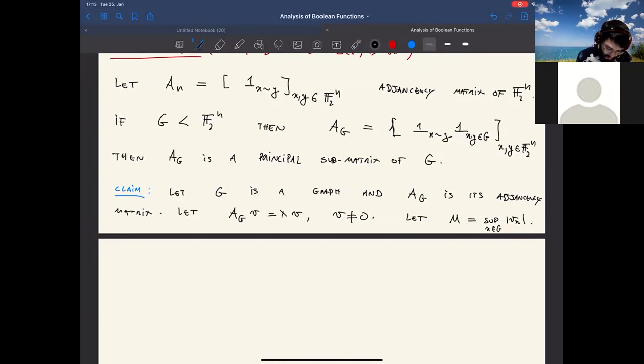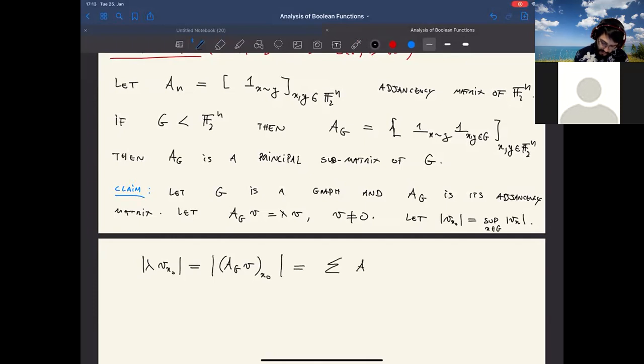So what you do is that you have lambda times M is what? It's just A_G times V, and then you take coordinate X naught. So suppose that V of X naught is this guy. So let me put it down. Okay, and you take moduli. So what is that?